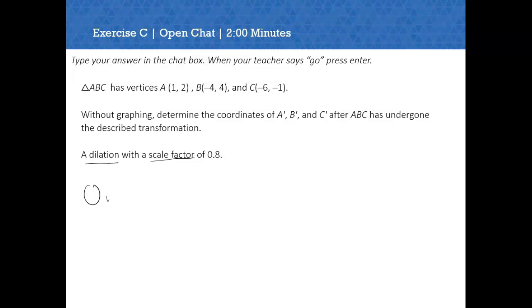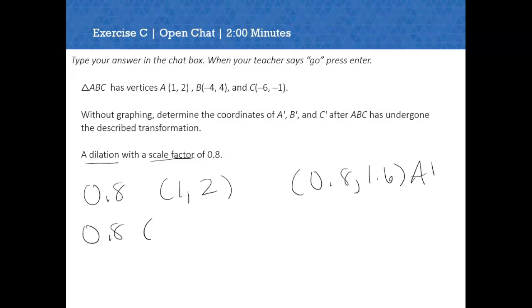So we take the 0.8 and we multiply the 1 and the 2. When we do that, we get 0.8 and 1.6. So that's our A prime. We take the 0.8 and multiply through the (-4, 4) and get (-3.2, 3.2). So that's our B prime.